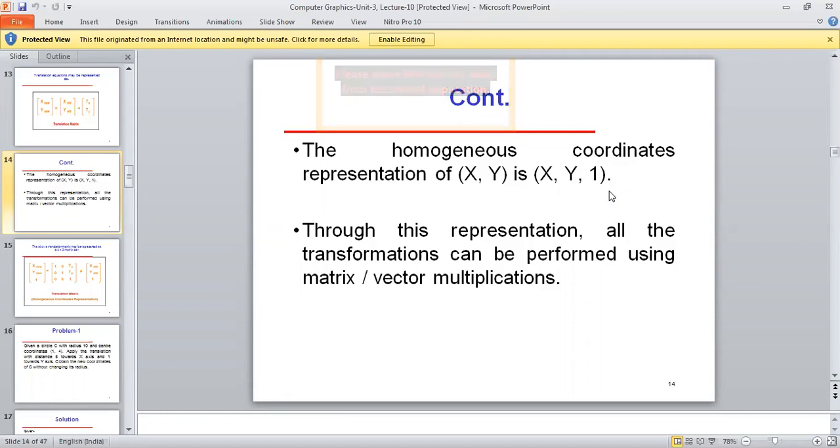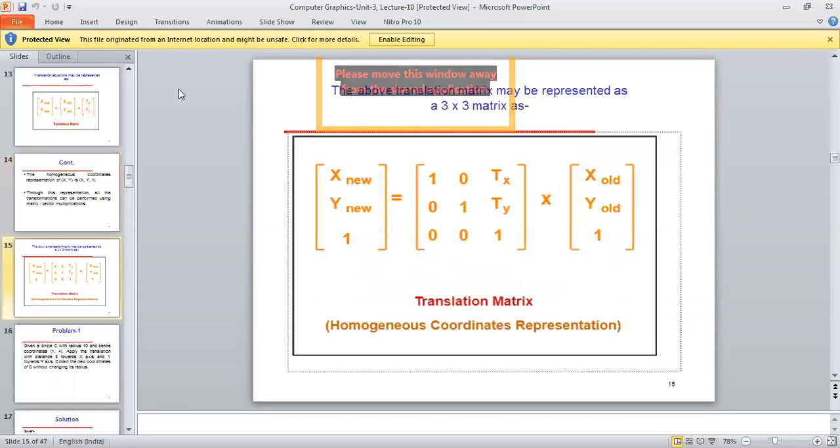In this fashion, for the 2D plane we will use a 3 by 3 matrix, and for the 3D plane we will use a 4 by 4 matrix. So we can represent all equations in this form.